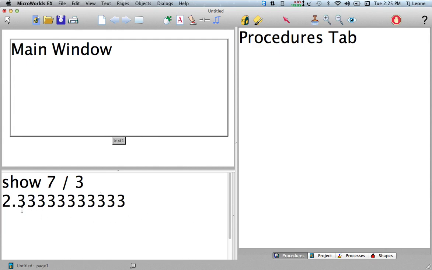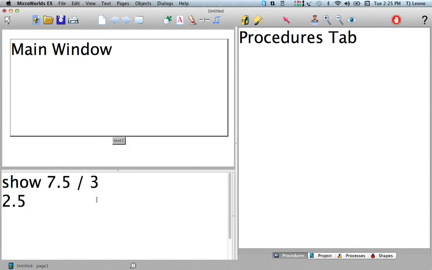Now these numbers with the decimal points and the values after them are known generally as floats, and you can actually enter numbers directly as floats in MicroWorlds. We could say show 7.5 divided by 3. Turns out to be 2.5.